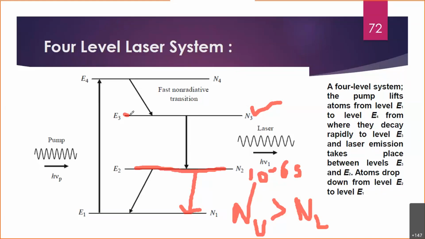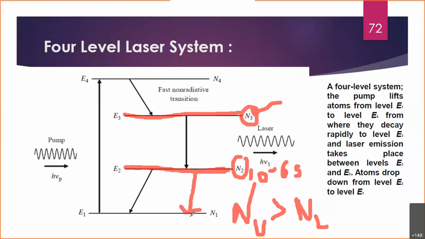So here this level 3 will work as your upper level, and this level 2 will work as your lower level. Basically the number of particles here has to be large compared to this. And how can that be possible? It is possible only if, whenever the particles decay to this level 2, you immediately bring them down to level 1 again.